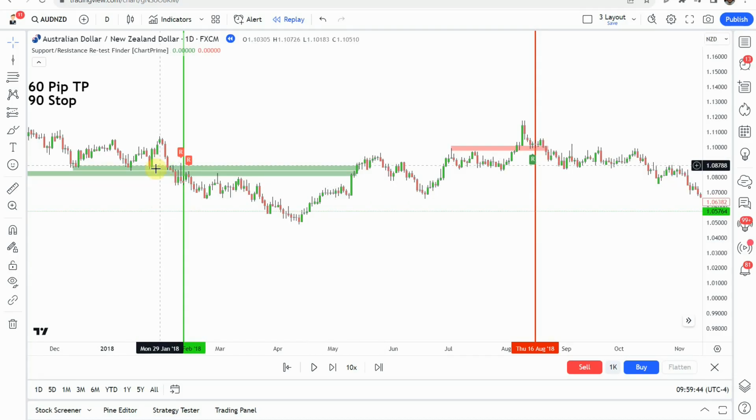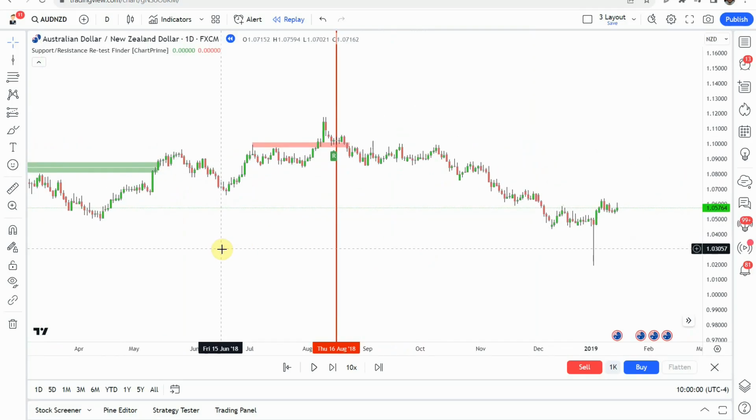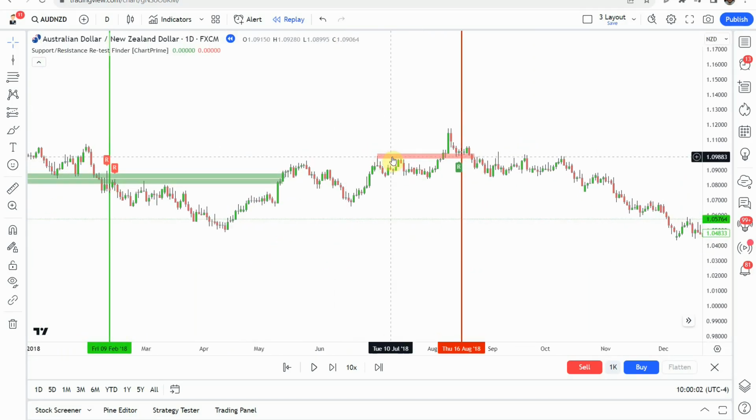I think this indicator would be decent, maybe just to augment an already developed or already decent trading strategy, just to help maybe identify those areas of support and resistance that may be influential on what price is doing. But even at that, it doesn't give a whole lot of areas of support and resistance.